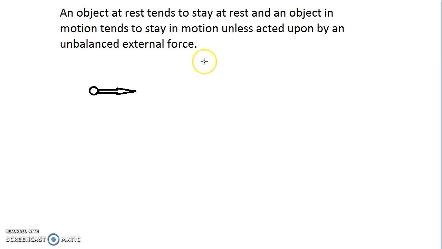But in actuality, if we were to draw a free body diagram for this ball, we would actually see that the air resistance from the air is actually pulling backwards, opposing the motion, because all those air molecules that the ball is hitting are kind of slowing it down bit by bit. And it's not a lot, but over time it can really slow down the ball and eventually stop it.